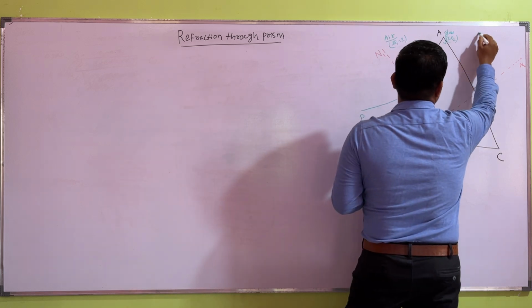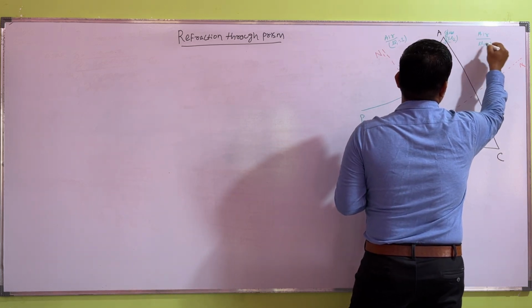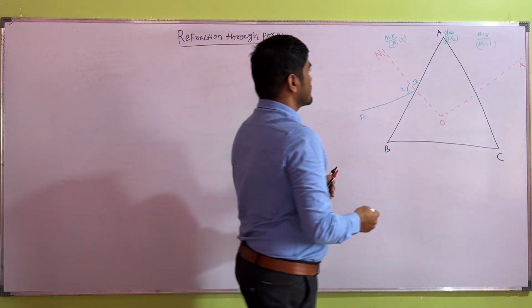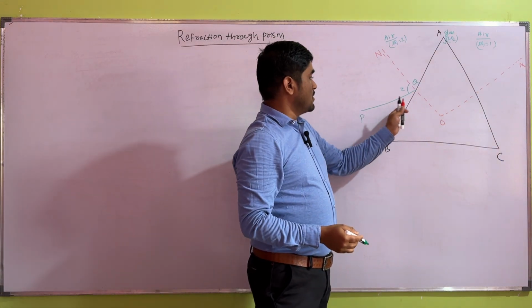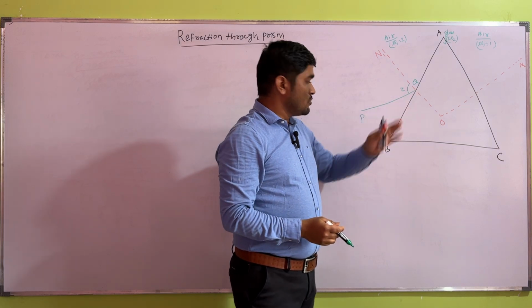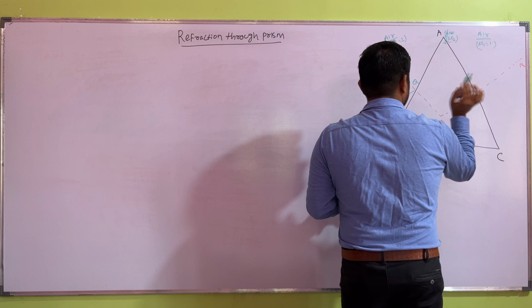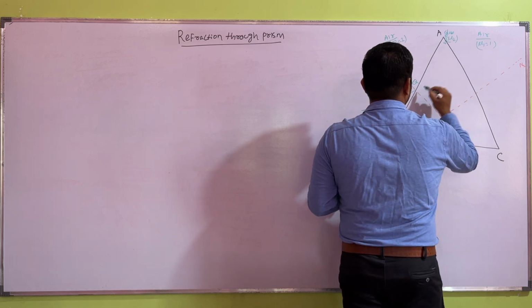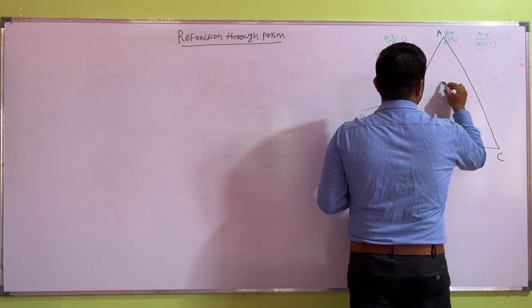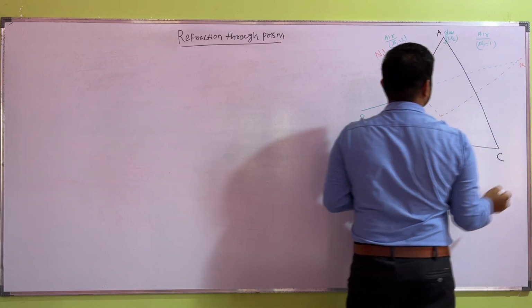Again this medium is air, refractive index mu1, that is equal to 1. Due to the change in medium from air to glass, the incident ray PQ will change its path. If there is no glass, no prism, then this would be the path of the ray.